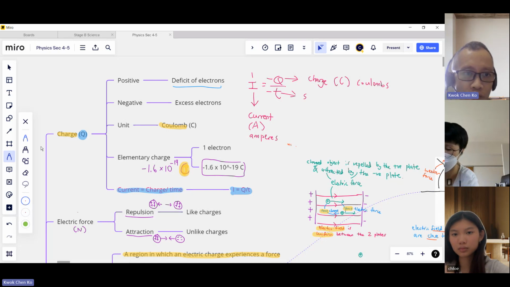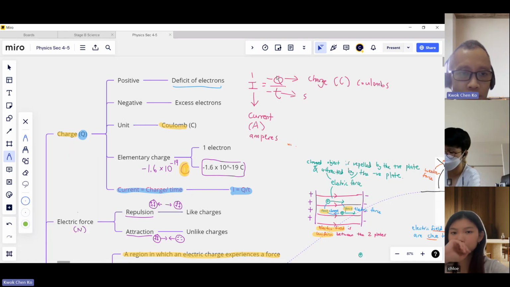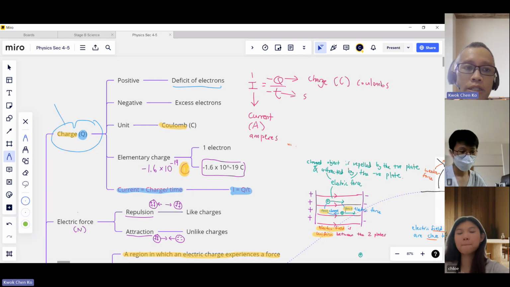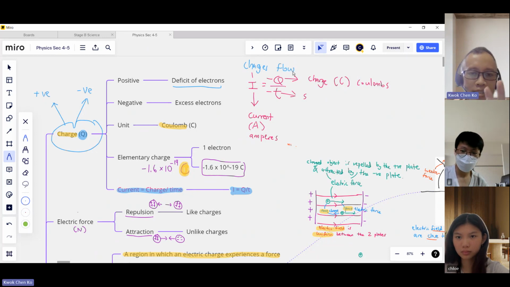So just to be sure, when do you use this formula? Now, as we said before, this chapter involves charges. Now, again, let's be very clear. Charges can be positive or negative. But the point is this, once your charges flow, they are not static, they are not stationary.